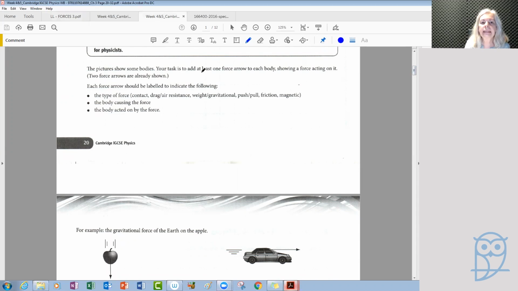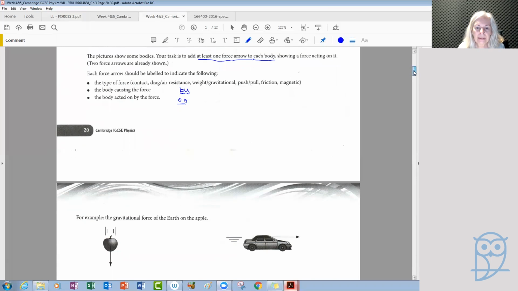Your task is to add at least one force arrow to each body. And each force arrow must indicate the type of force, whether it's contact, drag, air resistance, and so on. The body causing the force, which means this little word by, and the body acted on by the force, which means the on word. So they say they already show two forces.